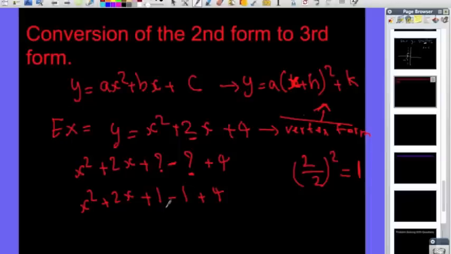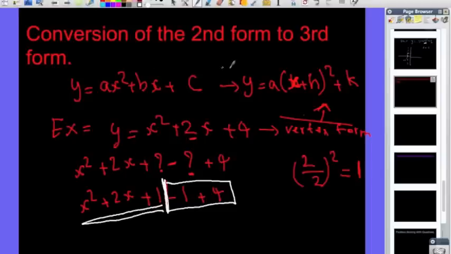This equation is separated right here. So you change this part into a squared term, and then the plus k would be this part. Using this side of the equation, you do the factoring: x and x, 1 and 1, which gives you the middle term 2x.